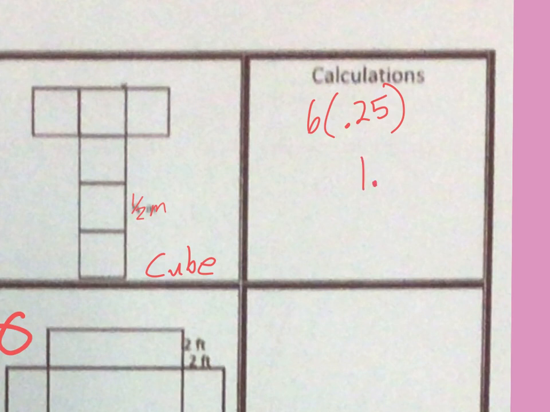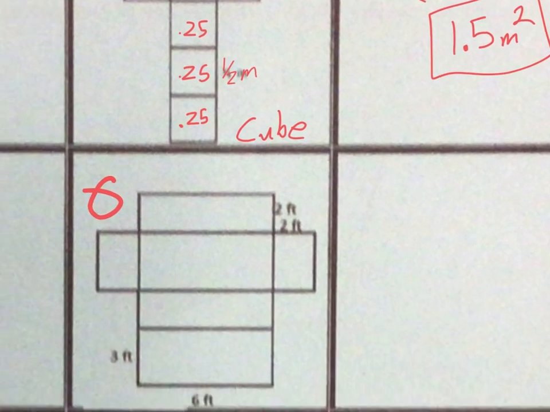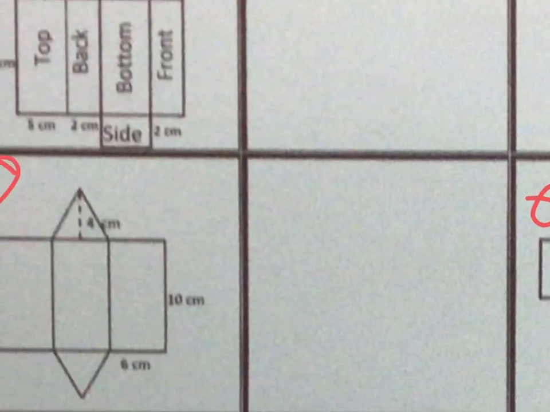Decimals are just sometimes easier to look at, and that's meters squared. If you labeled the area of each face and then added them all together, you could do that also. There's lots of strategies here. You have to decide which one works for you. If you can get the right answer and you can demonstrate how you get it, you're doing the right thing.